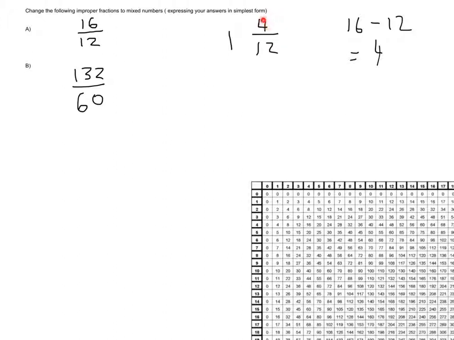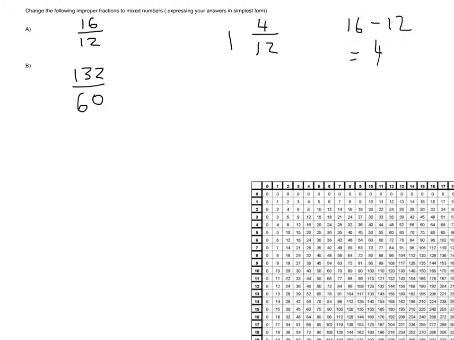So if we come across here to the times table and look at the multiples of 4, we can see that 4 times 1 is 4, 4 times 2 is 8, 4 times 3 is 12. Okay, so we've got 12 here, and we know that 12 divided by 4 is 3.